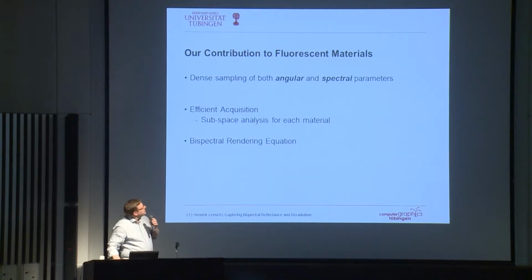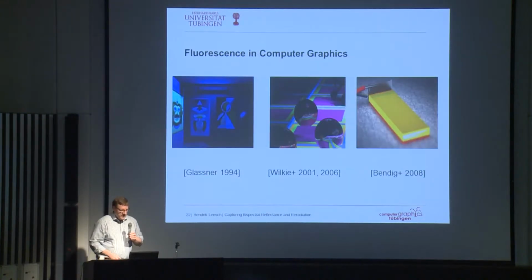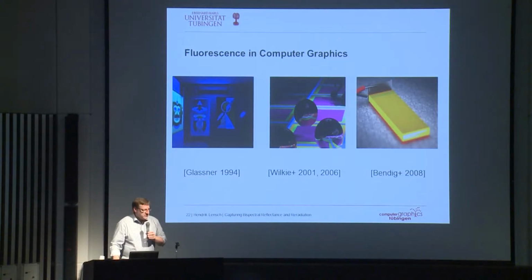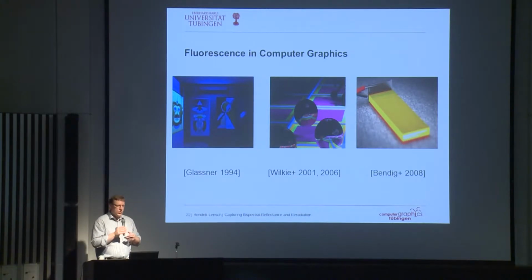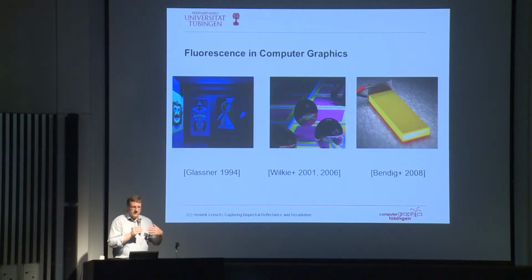So we would like to measure both the spectral response and all that angularly resolved. And we try to make an efficient acquisition scheme out of that. As I earlier said, though, in computer graphics, the work on fluorescence really could be described by these few papers.